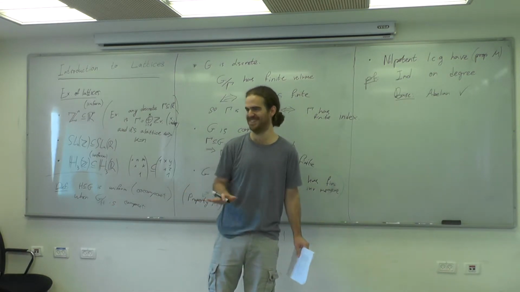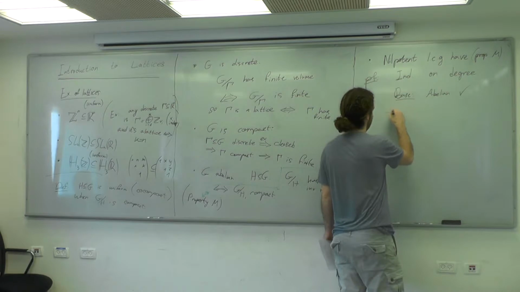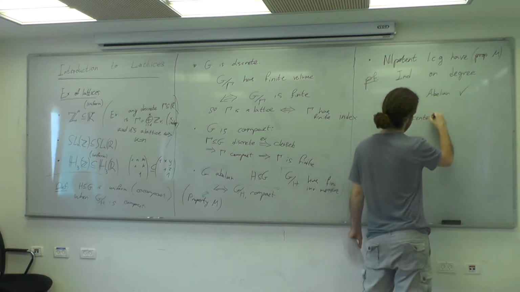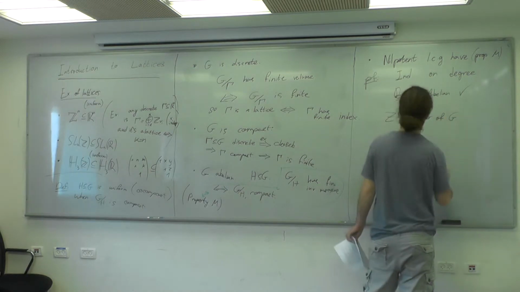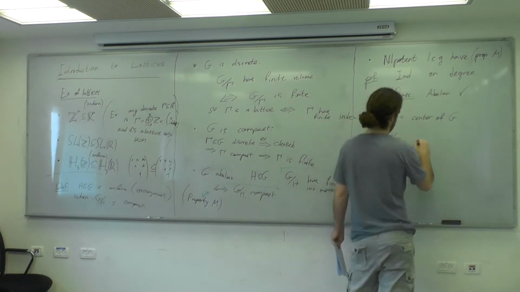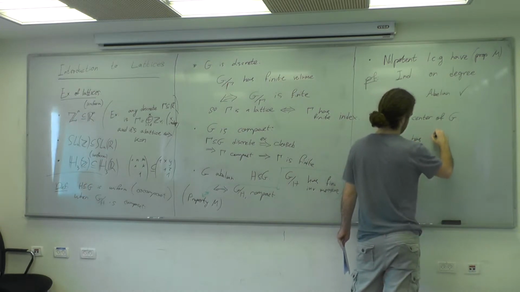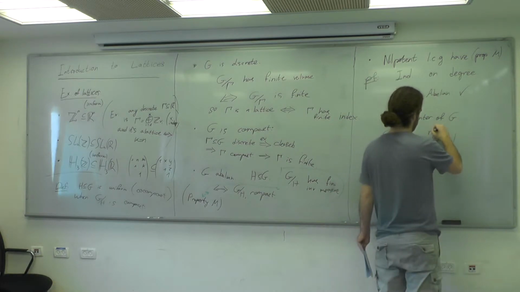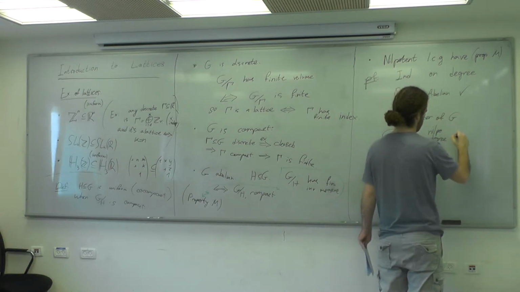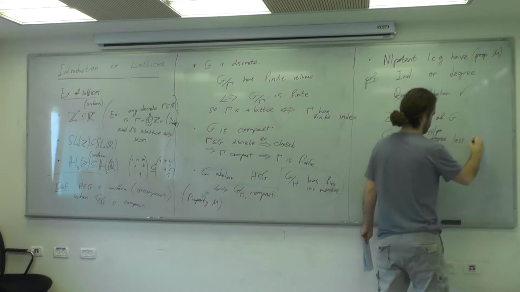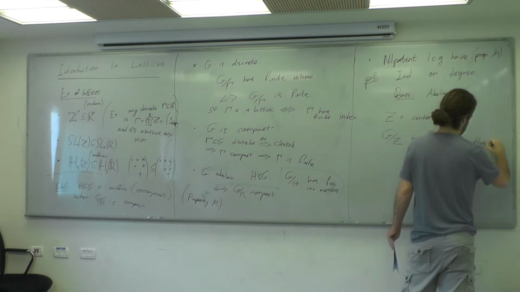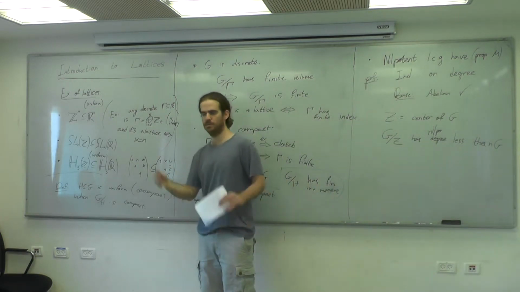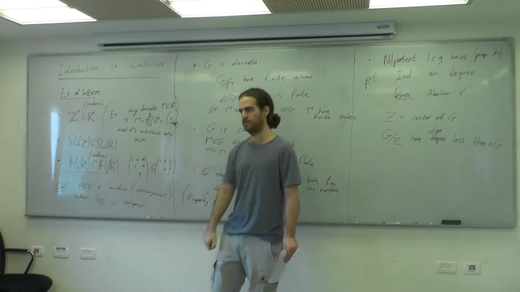Am I right? Okay. So if Z is defined to be the center of G, then G mod Z has nilpotence degree less than G. Because we have the central series, and when you quotient, the last element would just be the center.